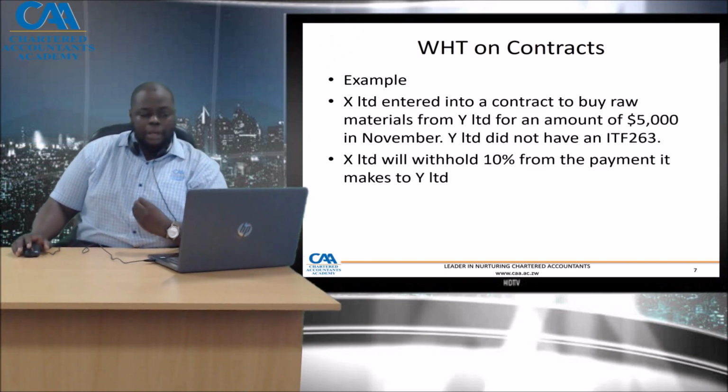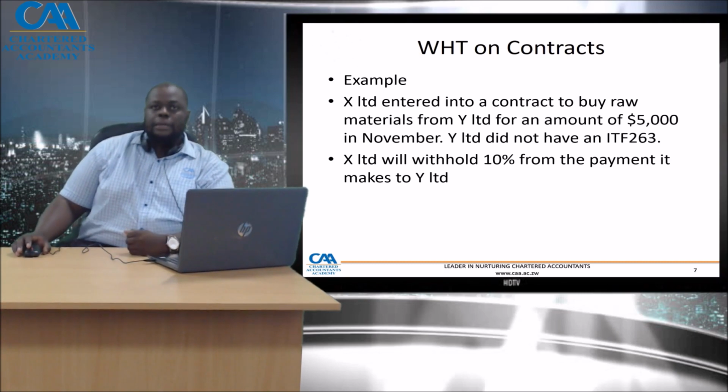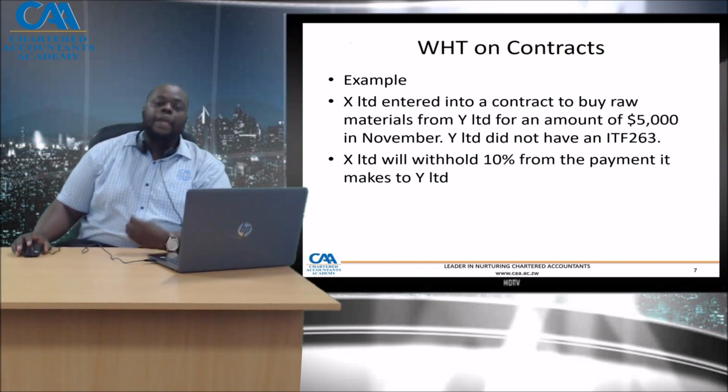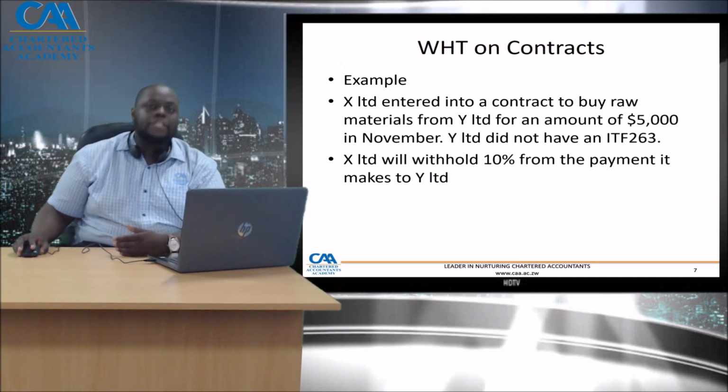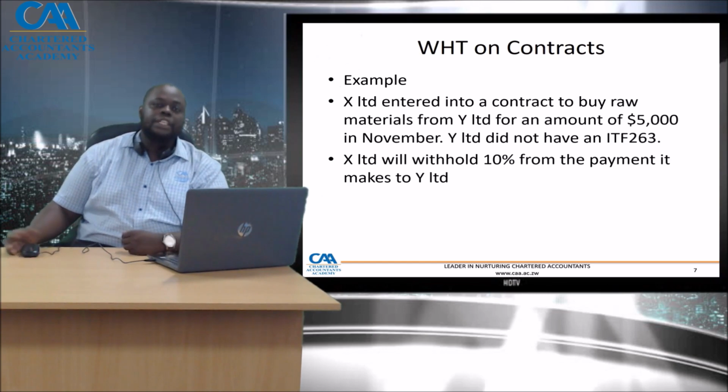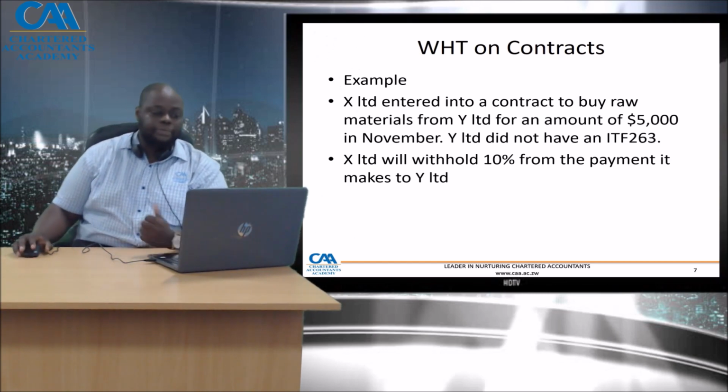And the contract states that the amount that will be payable towards Y Limited is in excess of $1,000. X Limited will need to withhold tax every single month. So in other words, they'll be withholding $50 every month for the next 10 months that they're paying Y Limited.